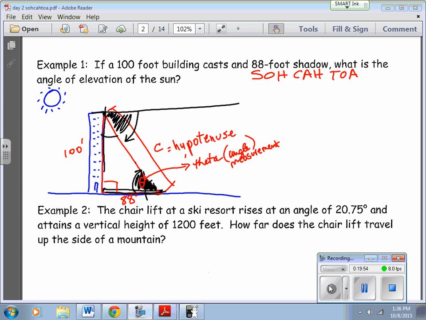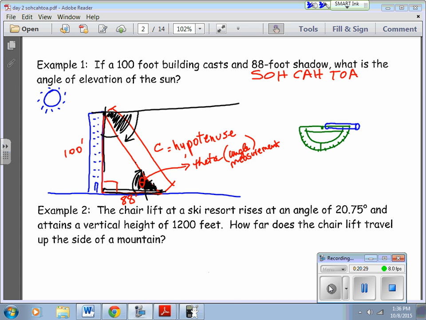Right, so the clinometer I just gave everybody is a protractor with angle measurements, 90 degrees being right there. And we've attached a straw to it as our looking device.